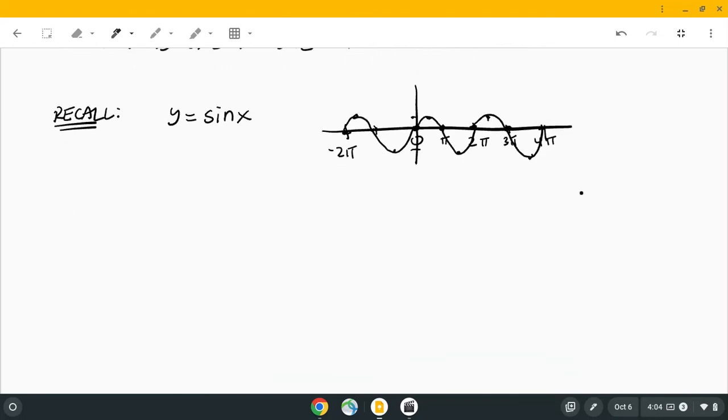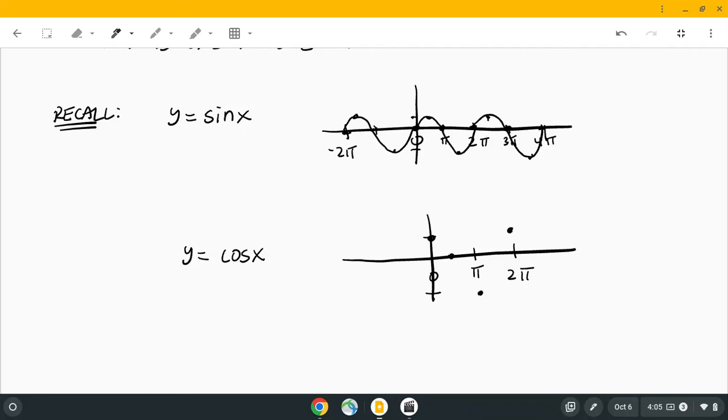And the same thing is true for cosine. Let me do the graph of cosine so we can also look at that. We'll just look at these together. So 0, 2 pi. And we know that here it's 1 and 1, halfway between -1, 0, and 0. And so we know that it does this.